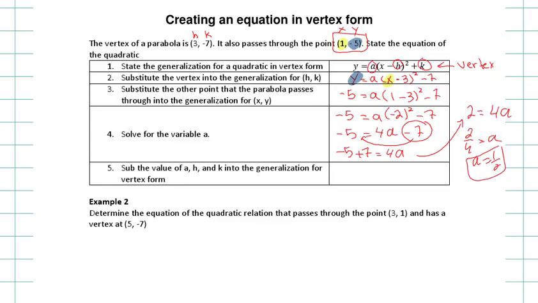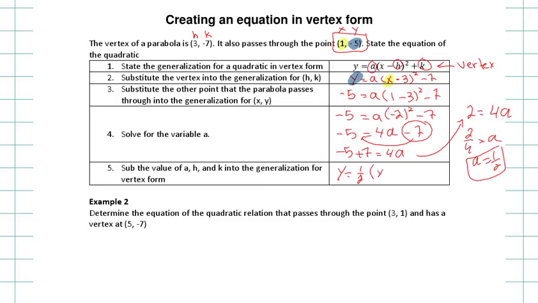So I found the value of a. For the last step, I have to include everything. So it will be y equals, instead of a, I replace it with a half, times x minus 3 squared, and then minus 7.